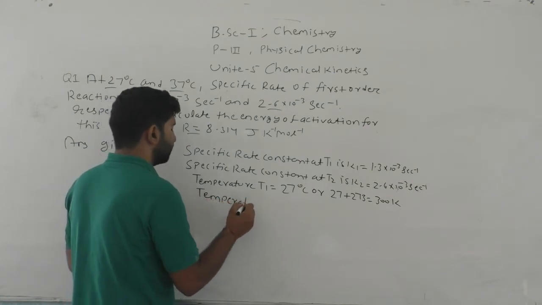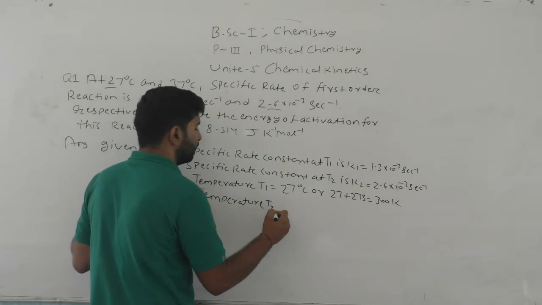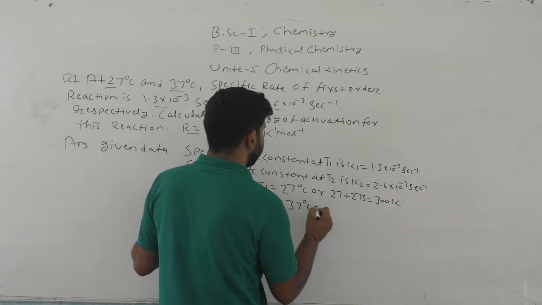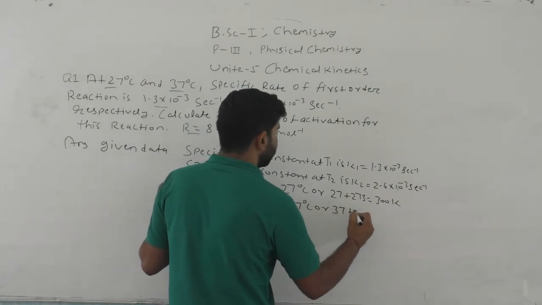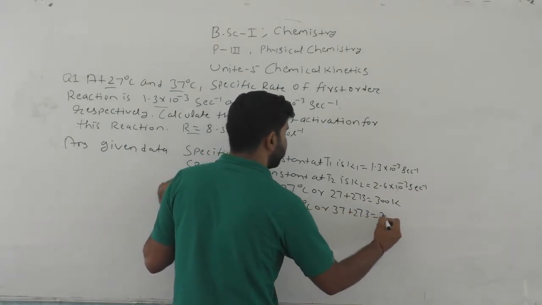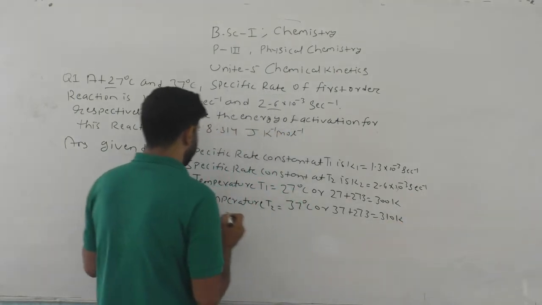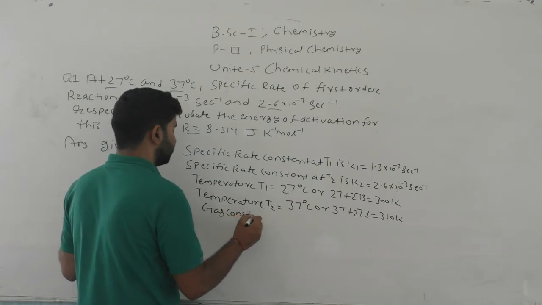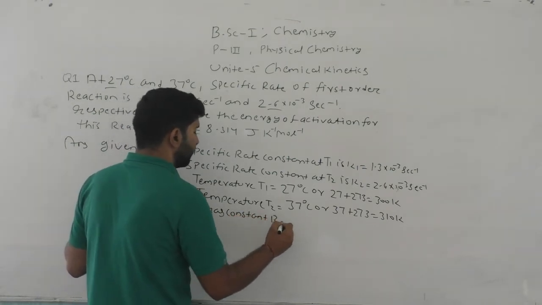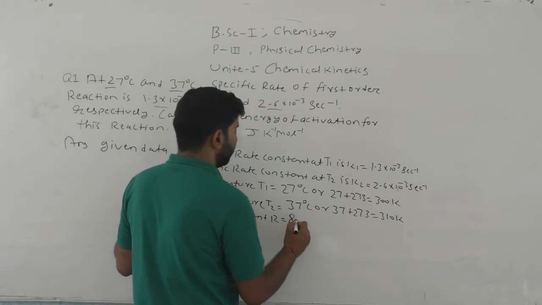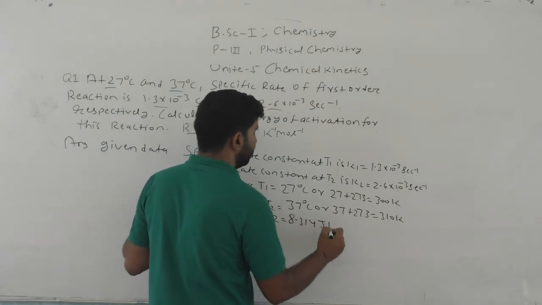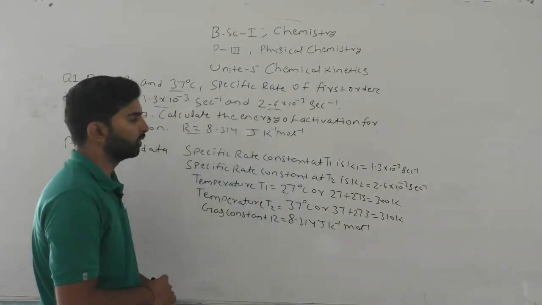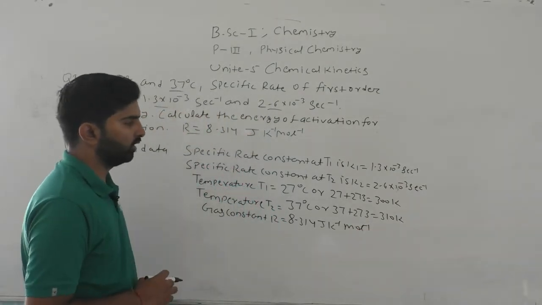Temperature T2 equals 37 degrees centigrade, or 37 plus 273 equals 310 Kelvin. Lastly, gas constant R equals 8.314 joule Kelvin inverse mole inverse. So these are the given data in this question.